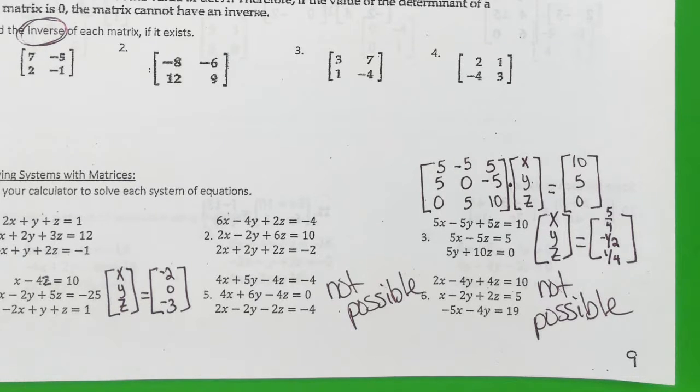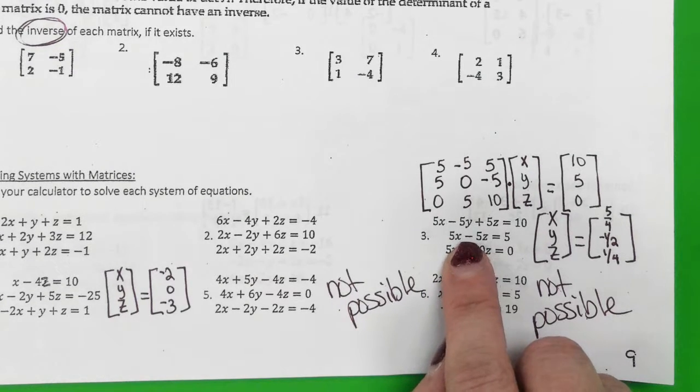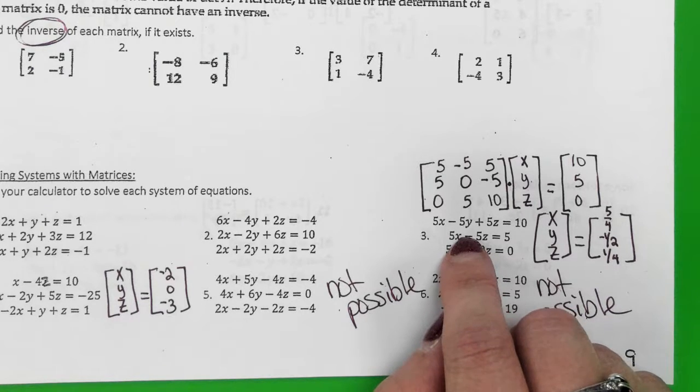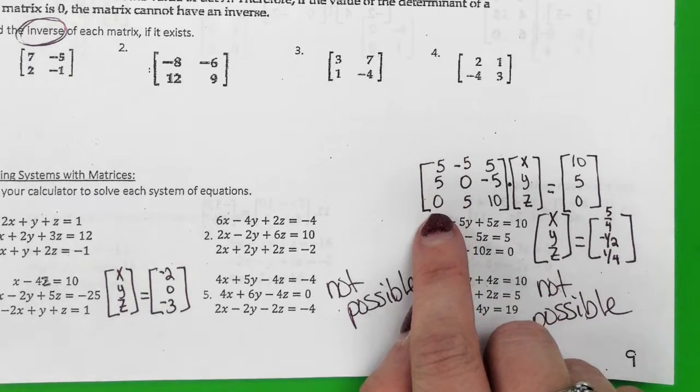On 3, 0. Because what letter are you missing? And you can't just skip it. You gotta have that 0 there as a placeholder, because the x's all have to line up. This whole column right here are all your x values.